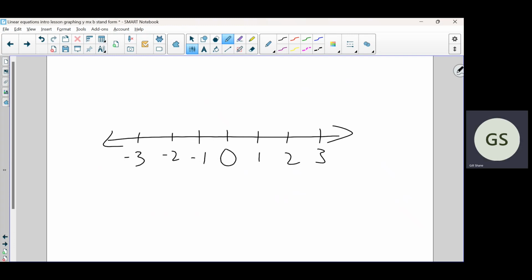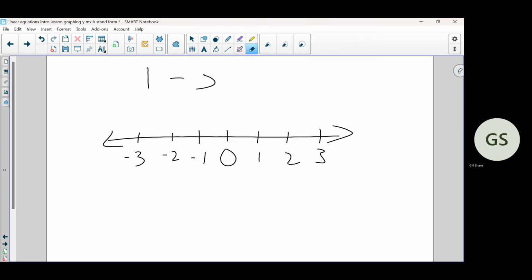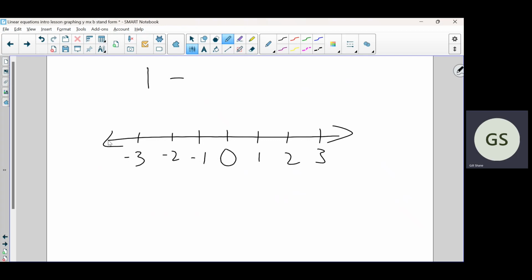Let's just say I start at 1, and at 1, I subtract 2.